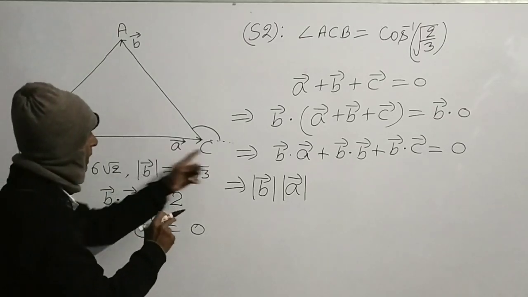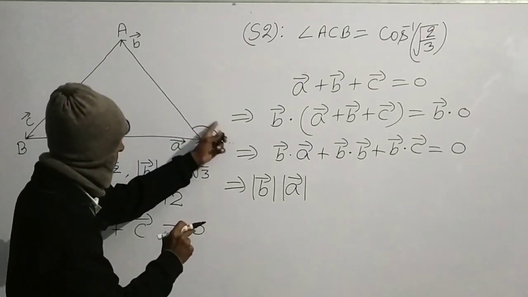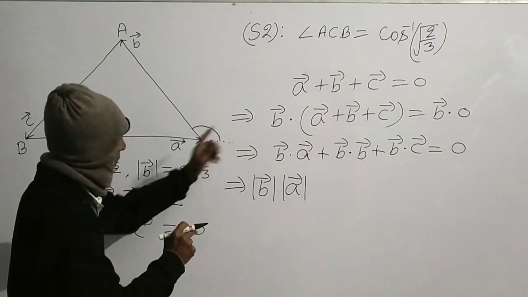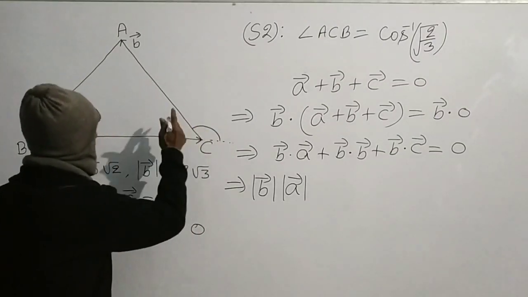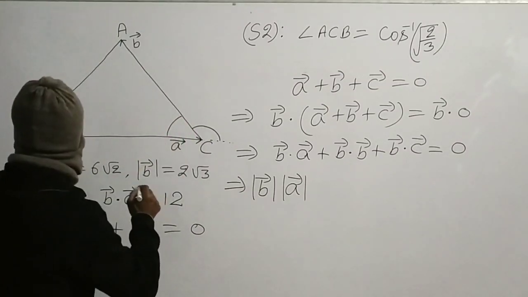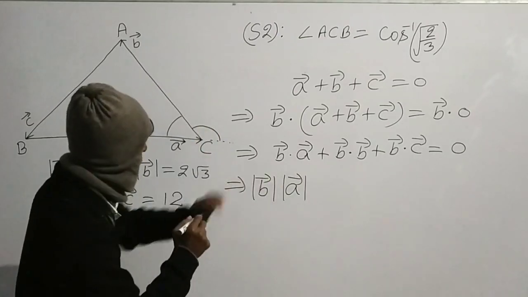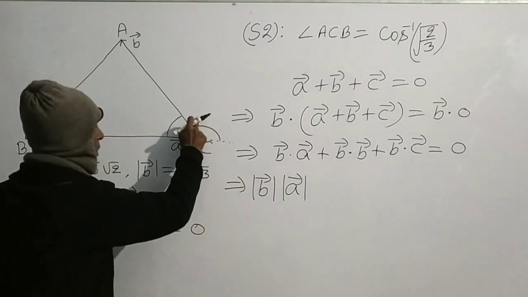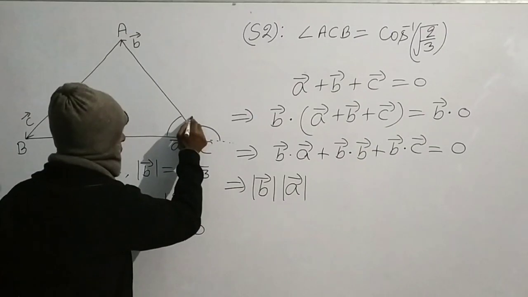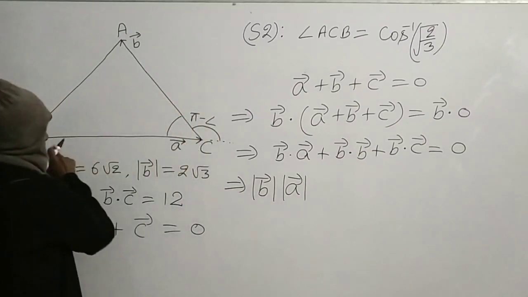Angle between vector A and vector B will be this angle. And since this angle is angle ACB, and sum of this angle and this angle will be equal to pi, therefore this angle will be equal to pi minus angle ACB.